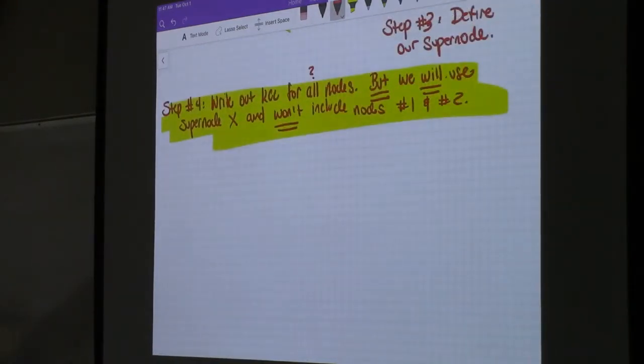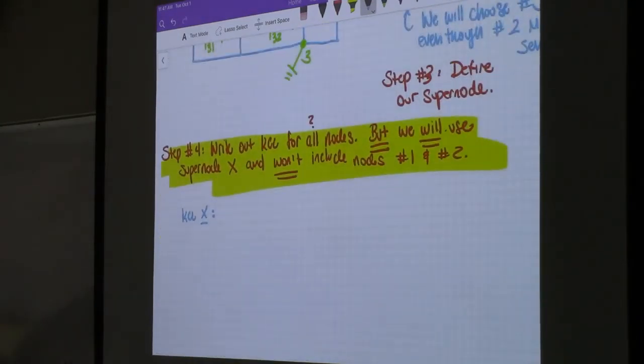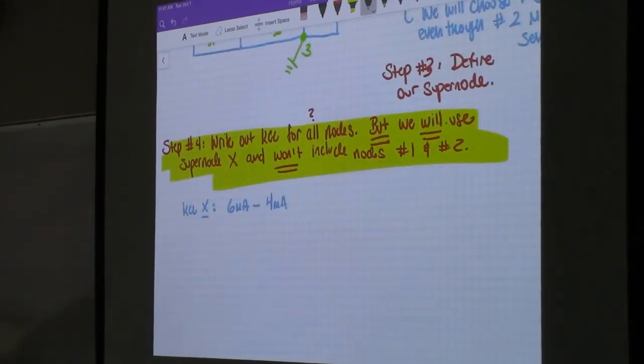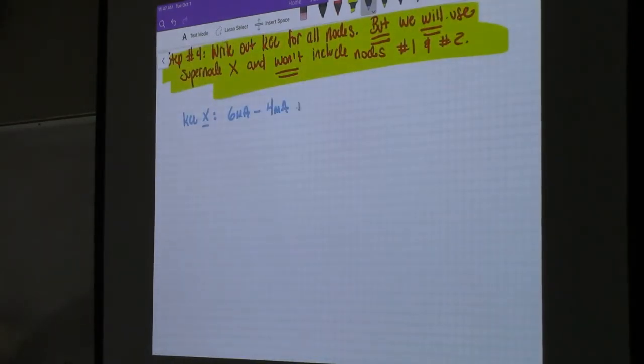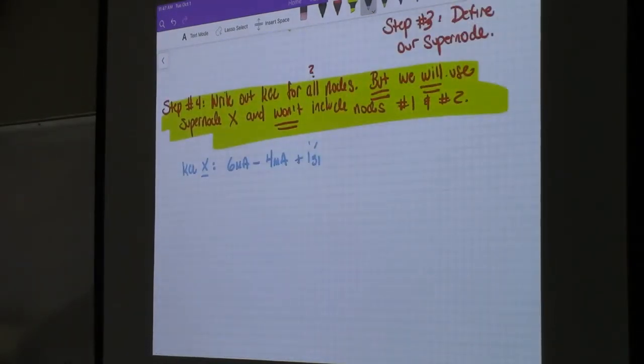So let's go ahead and write that out. This is KCL for node X. What we have is 6 milliamps minus 4 milliamps plus I31 prime plus I32 prime.